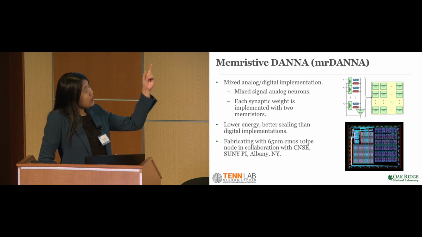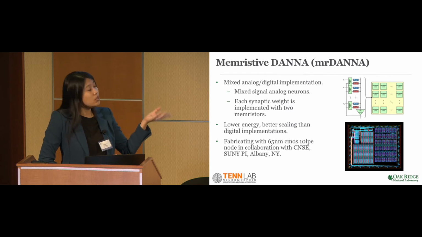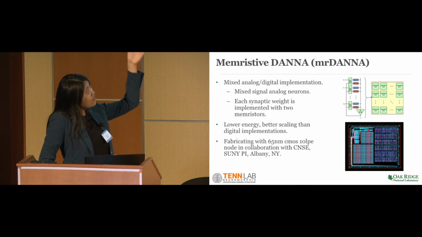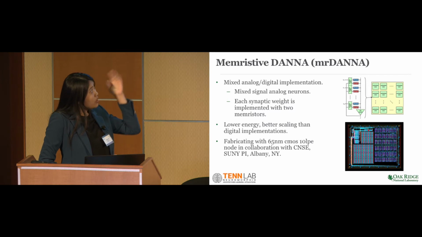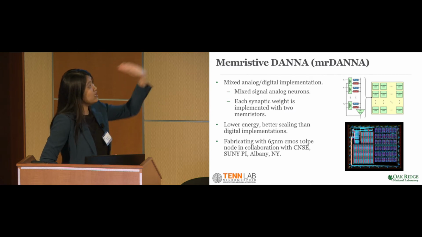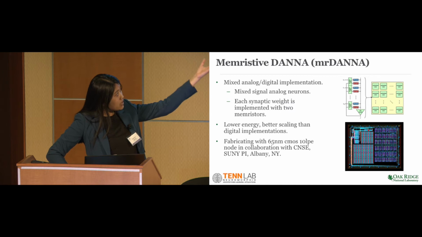In the top picture, those green squares are our memristive neuromorphic cores. If we enlarge it, we have several synapses and one integrate and fire neuron for each of those cores. The bottom one is the layout of our taped out chip. On the right side of the chip is our memristive neuromorphic core.